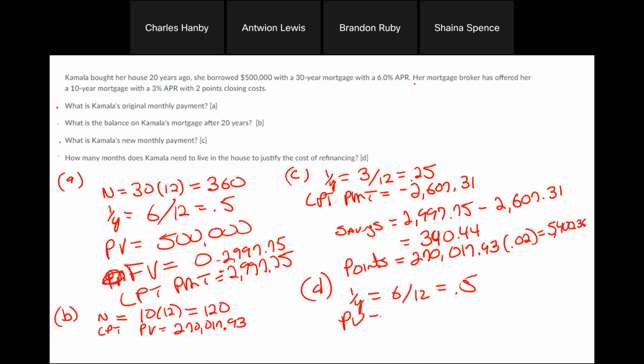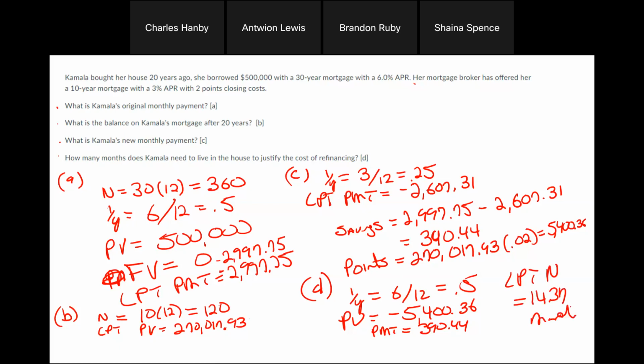PV is the points, you're paying that, so it's negative $5,400.36. Payment is the monthly savings, the $390.44. And then we compute n, and we get 14.37 months.